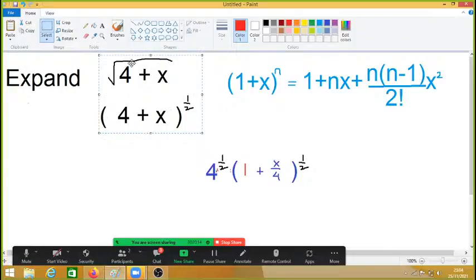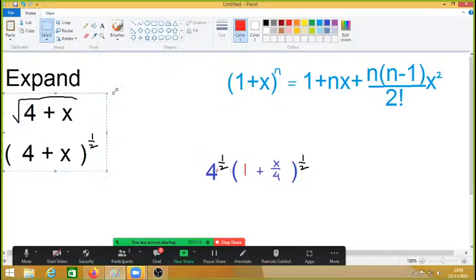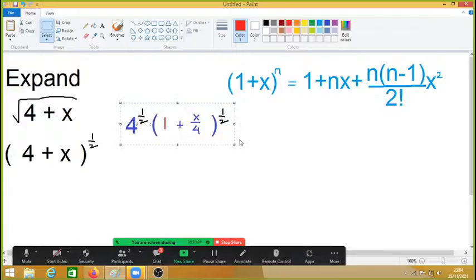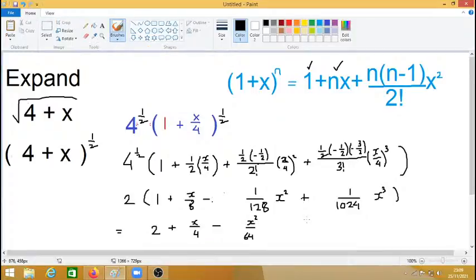And while I'm just rearranging this, have a think. What do you think is going to be the first opening bit of the expansion? Plus x cubed over 512.